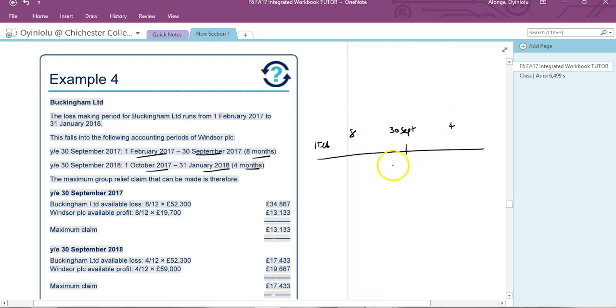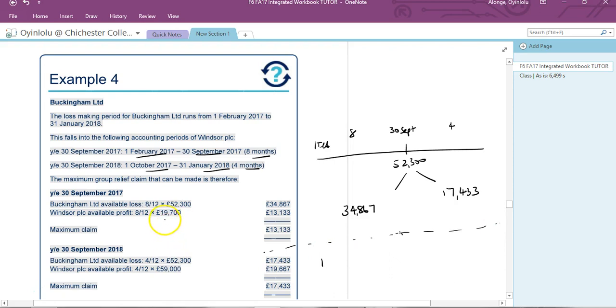If I split 52,300 into 8 and 4, I will get 34,867 and 17,433.